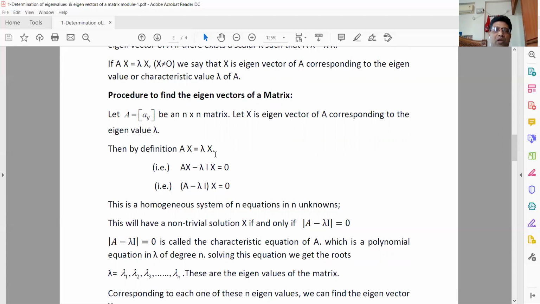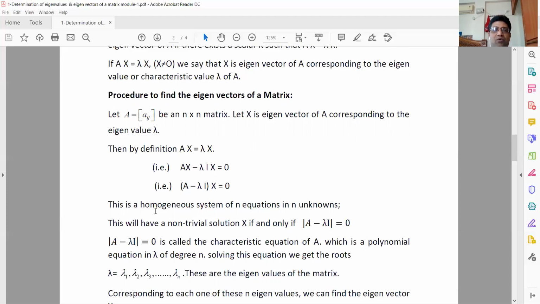Multiplying x by the identity matrix gives x again, so I bring lambda x to the left side and write Ax minus lambda Ix equals 0. It is not the number 0, it is the zero vector. Pulling x out, we get (A minus lambda I) x equals the zero vector.